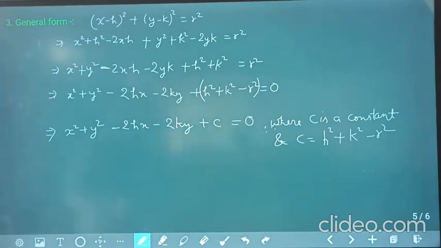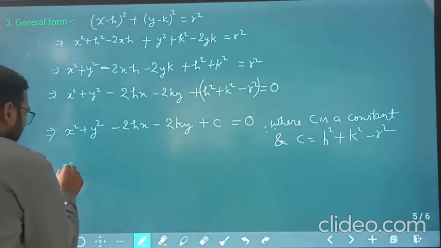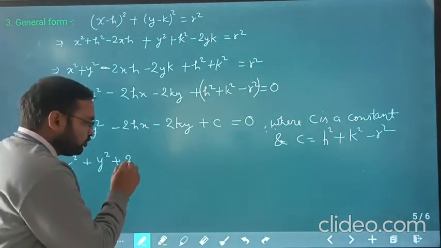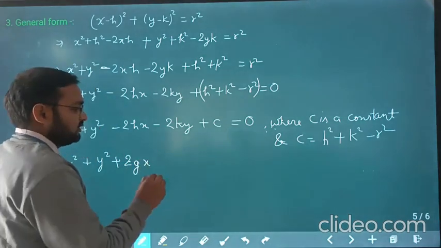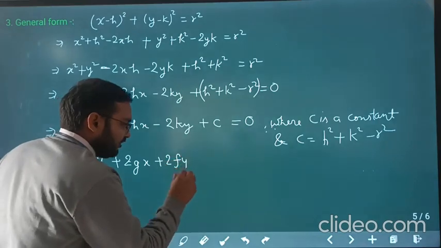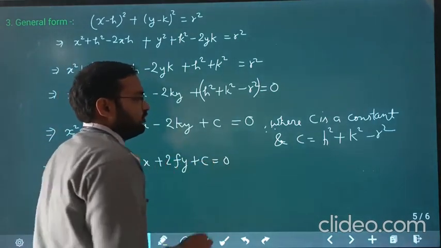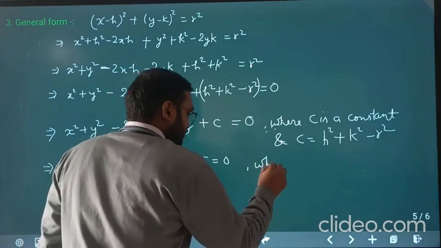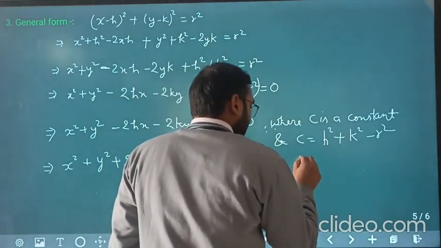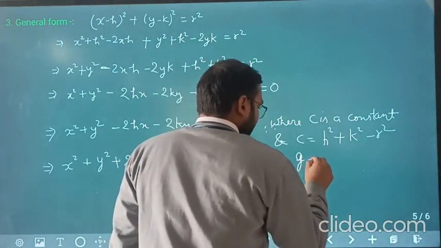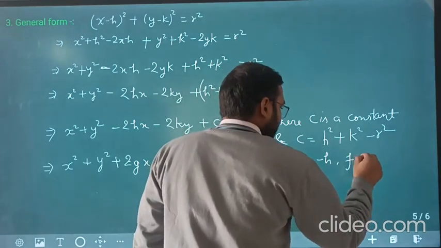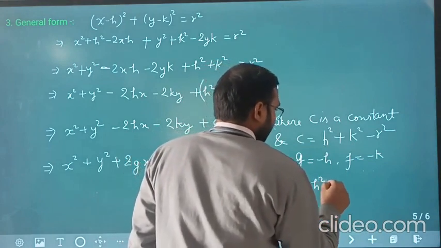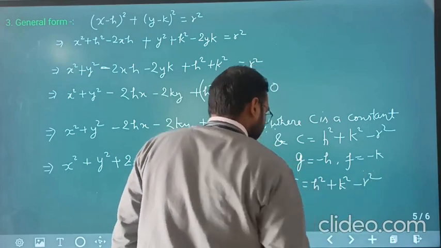Now it can also be written in the form x square plus y square plus 2gx plus 2fy plus c is equal to 0, where, as you know, c is equal to h square plus k square minus r square, and where g is equal to minus h, f is equal to minus k, and c is equal to h square plus k square minus r square.